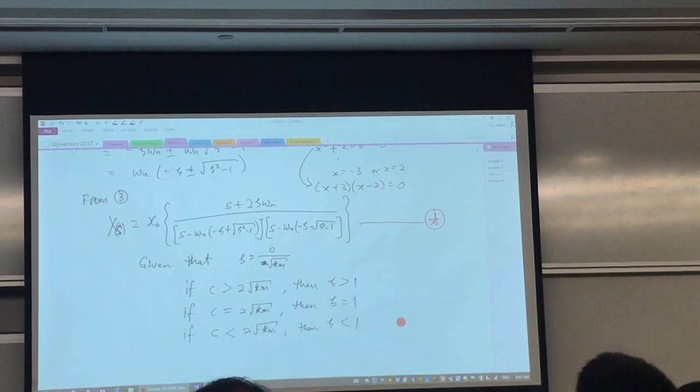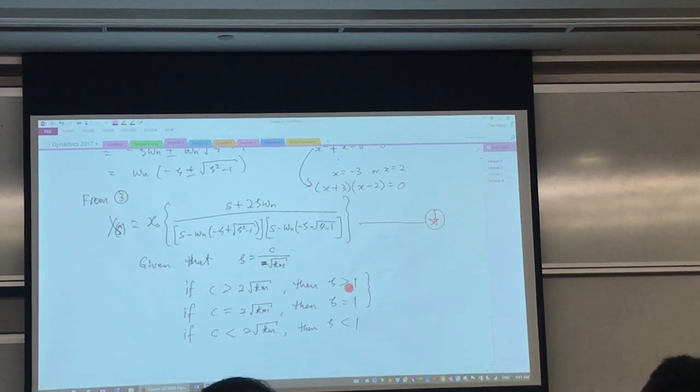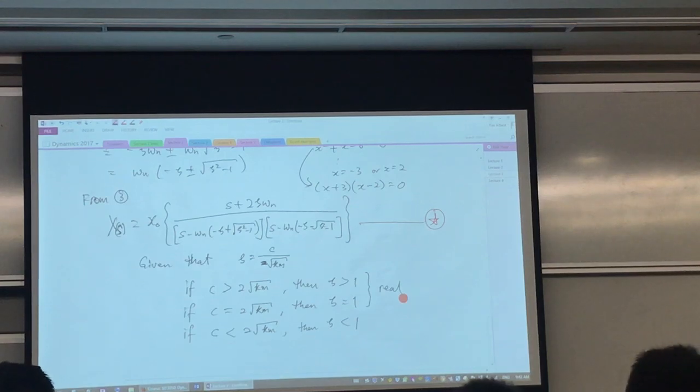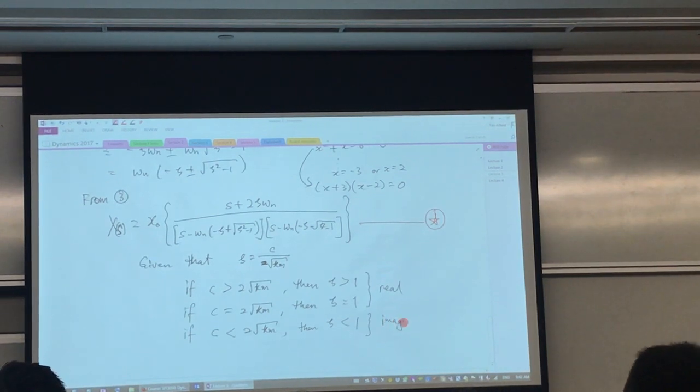So these three cases you have learned before in your earlier education. These two cases over here, where zeta is equal to 1 or greater than 1, are called real numbers, or real values. This one here will be your imaginary number.